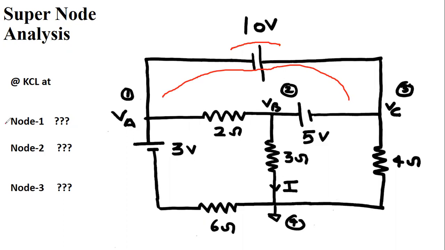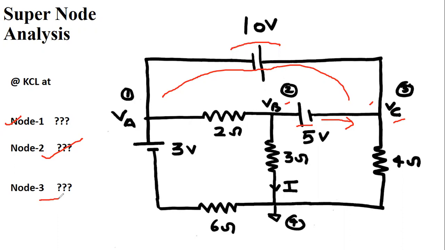So in this case, how can we apply the KCL at node 1? Because it has the super node. Same here, VB and VC also have the 5 volt supply, so we cannot apply the KCL in this branch. So how can we apply the KCL at node 2? Same with the third case at node C, because it has the 2 super nodes.